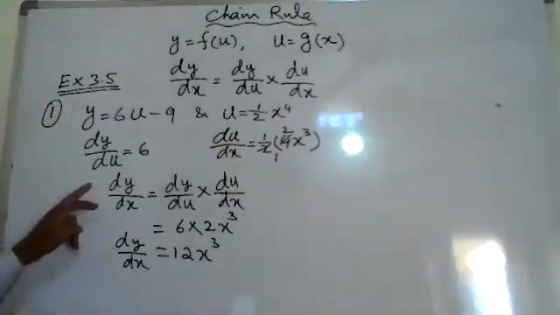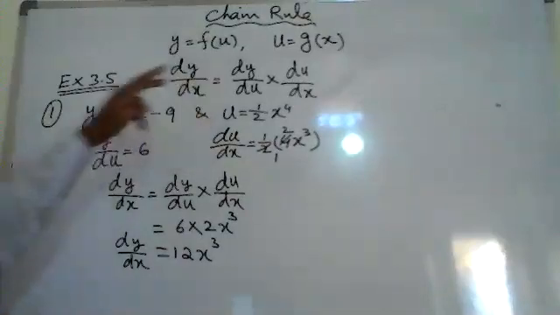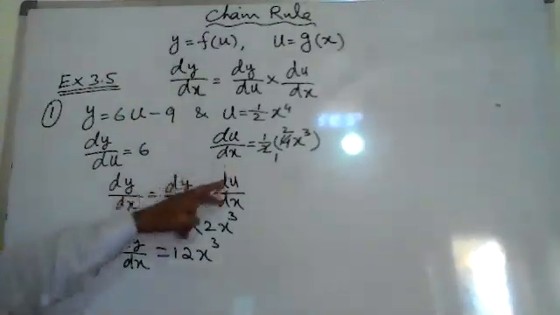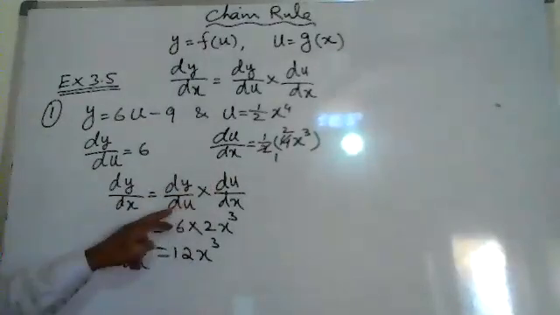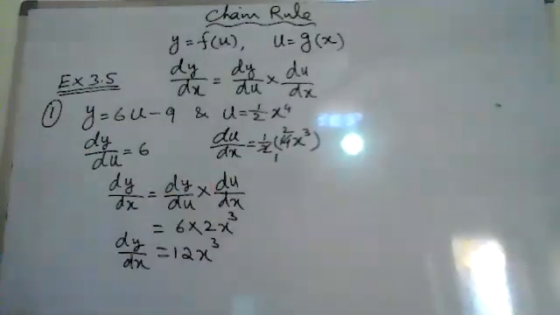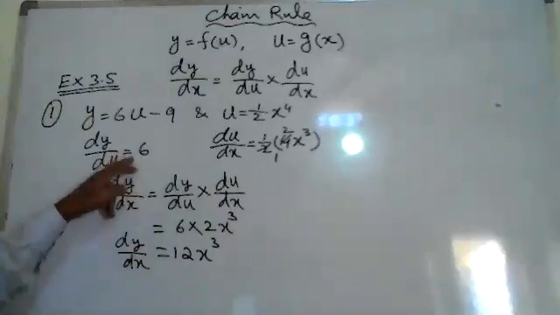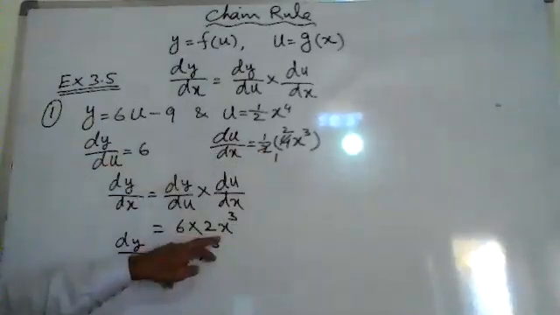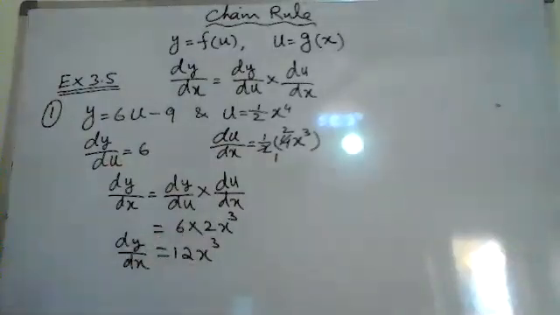Now we will find dy upon dx using the chain rule. Dy upon dx is equal to dy upon du into du upon dx. So dy upon du was 6 and du upon dx is 2x cube. So 6 into 2x cube will be equal to 12x raised to power 3, which is the final answer.